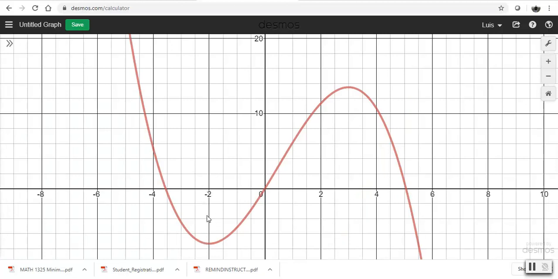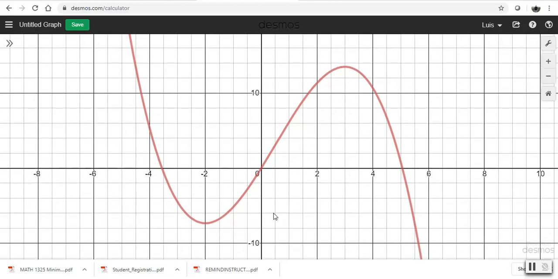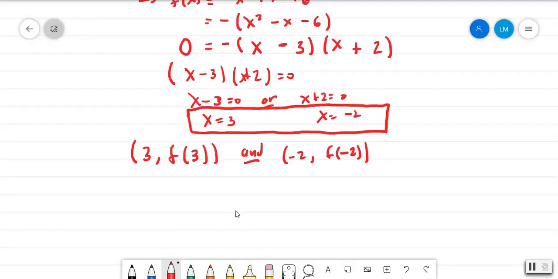So notice that negative 2 was our value that was a horizontal tangent. That's negative 7 1/3, and then if we click over here, that's 13.5. So we can say that this one is 3 comma 13.5, and this one right here is negative 2 comma negative 7.333.